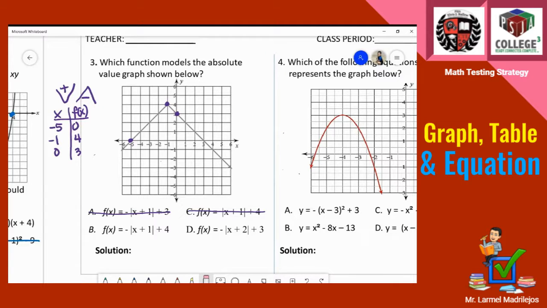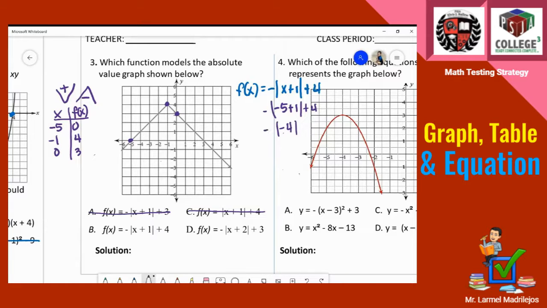Okay. Let's use B. When f of x is equal to negative absolute value of x plus 1, plus 4. When x is negative 5, plus 1, okay, negative there and plus 4 here. Negative 5 plus 1 is negative 4.